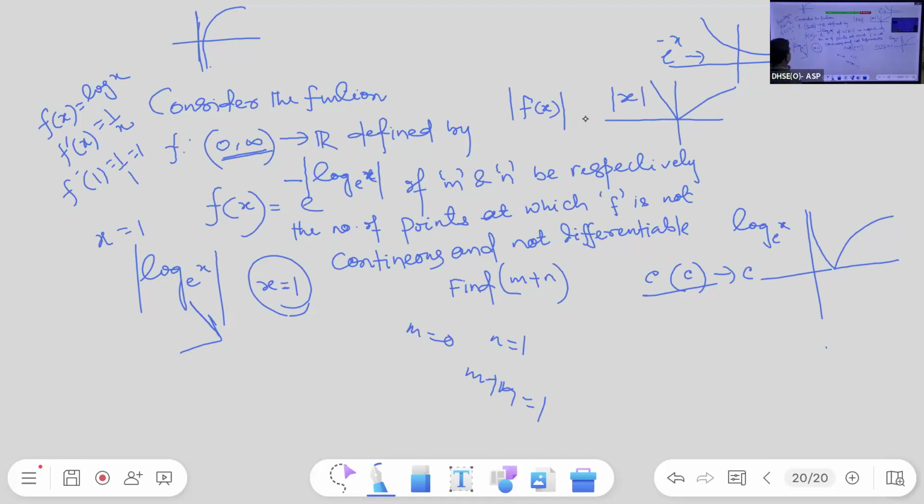Okay, let's move forward to the next question. JEE Main 2024.